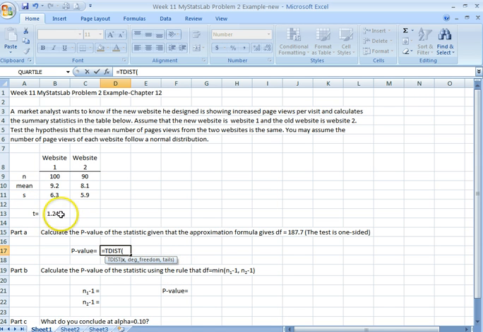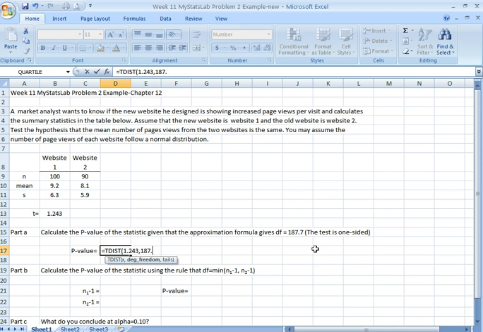Where x is right here, that's our t value of 1.243. So let's put in 1.243, comma, the degrees of freedom it gave us is 187.7, comma, we said this was a one-sided test.